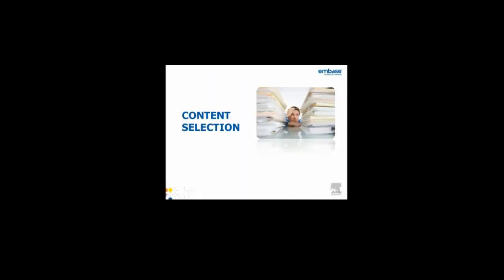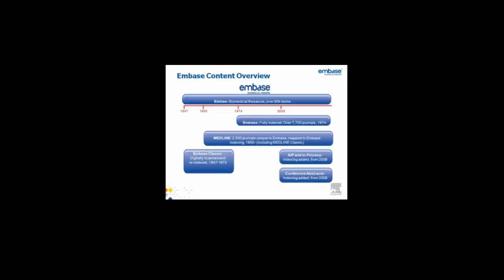So just to remind you of the content selection, so important to know which content you are searching. Some of you may have seen this already. So of course we have the Embase journal collection, indexed by Emtree, and we have the additional Medline titles, which are then mapped to the Embase indexing, giving you a complete biomedical coverage of over 7,700 journals.